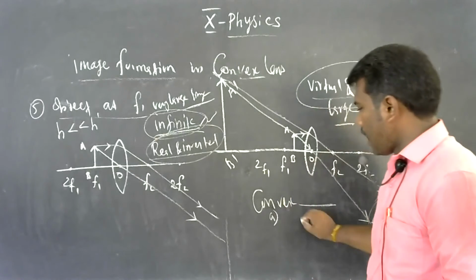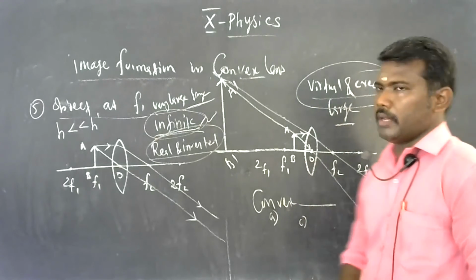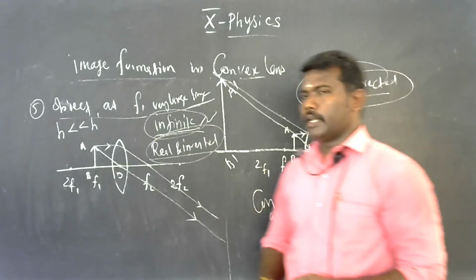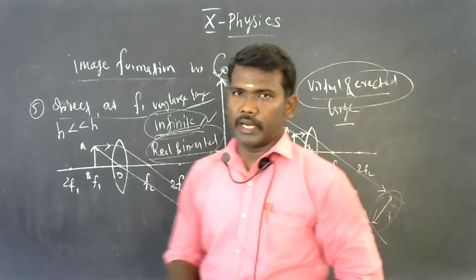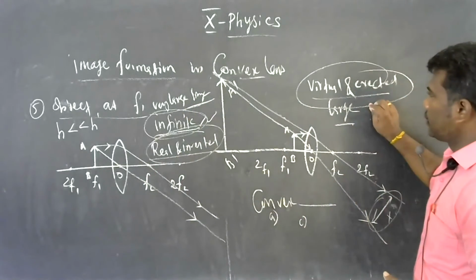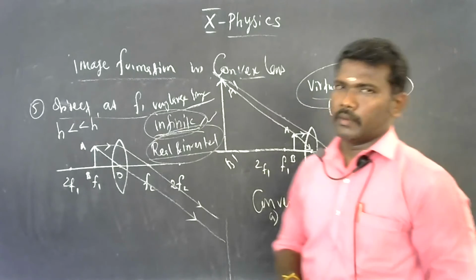We can choose option C, both A and B, because depending upon the position, the convex lens can produce a real and inverted image, and also there is one case possible to form a virtual and erect image.